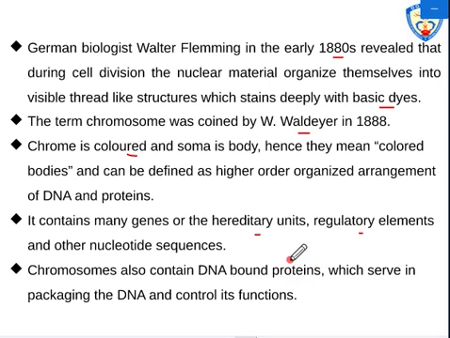These proteins in eukaryotic systems are the basic proteins known as histones, which help in the packaging of DNA, to condense the DNA, to fit it into the nucleus, and also to control the functions of the genetic material, that is replication as well as gene expression.